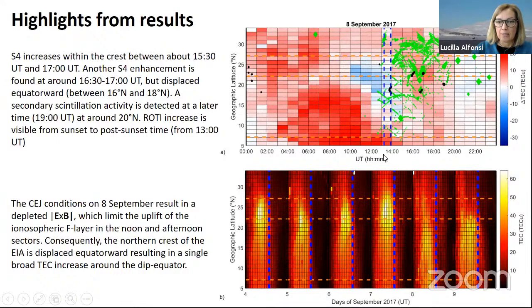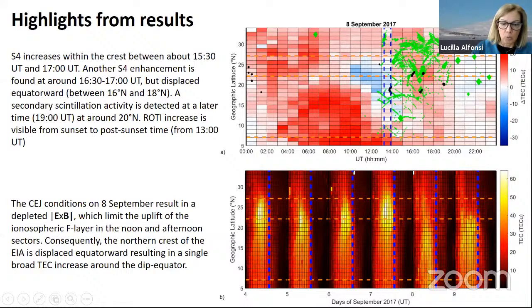These are the terminator of the sunset at E layer and at F layer. This is the dip equator, and this is the geomagnetic equator. This is the average position where we expect to have the crest. As you see, in this part, we see the bulk of the ROTI enhancement, and also the appearance of scintillation in the post-sunset region.